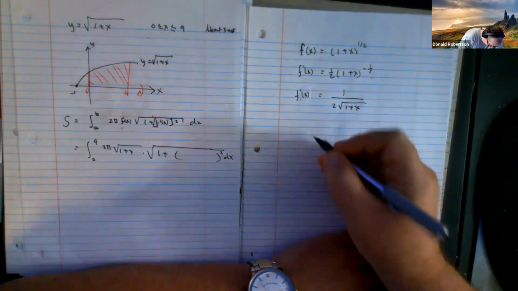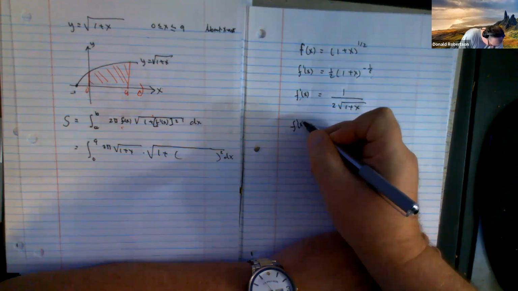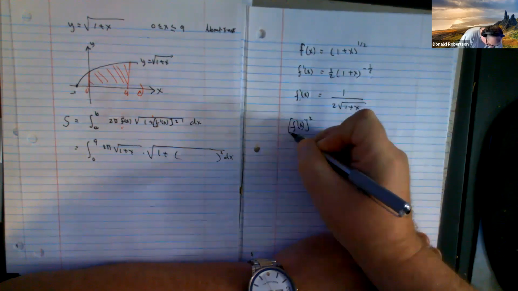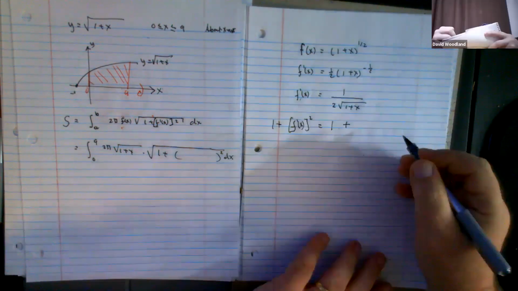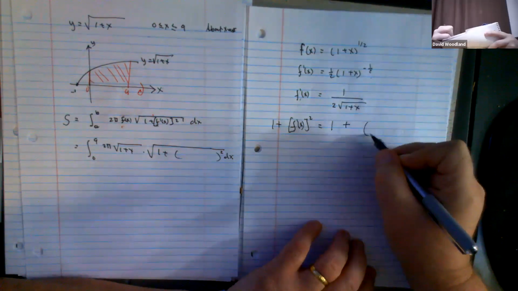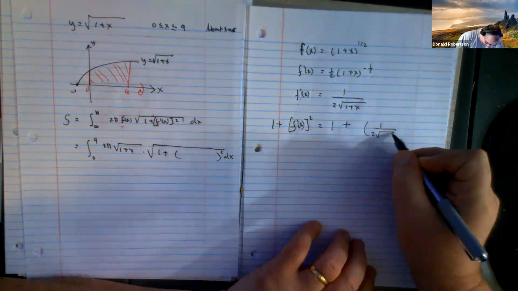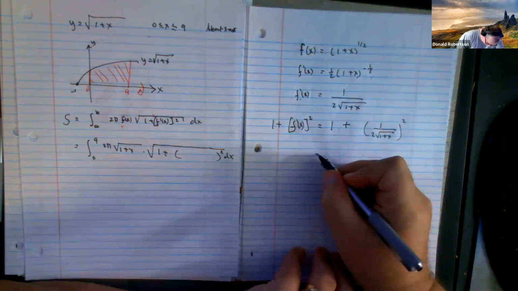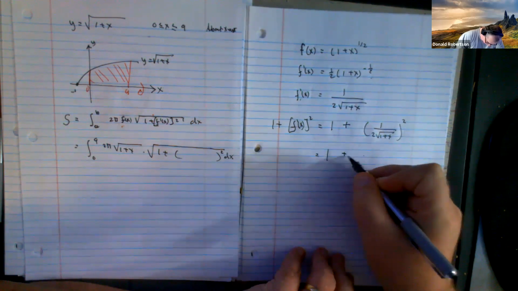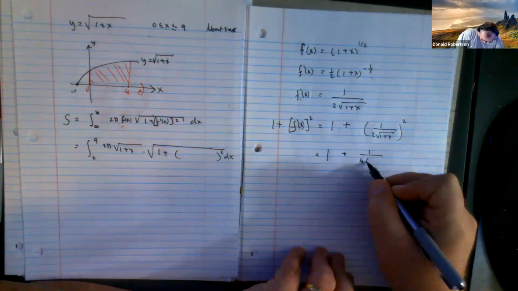If you take the derivative and square it and also add 1, you get 1 plus this guy squared. What does that get me? 1 plus 1/4 of 1 plus x.